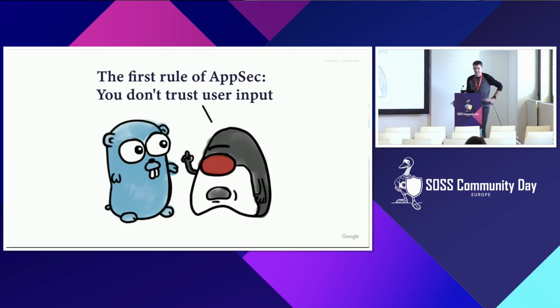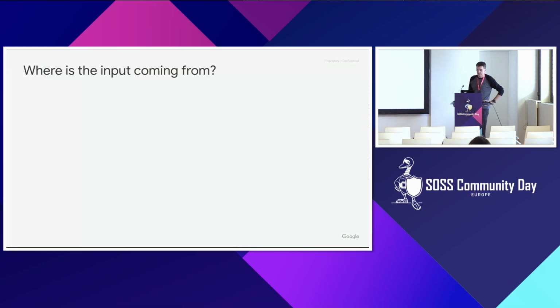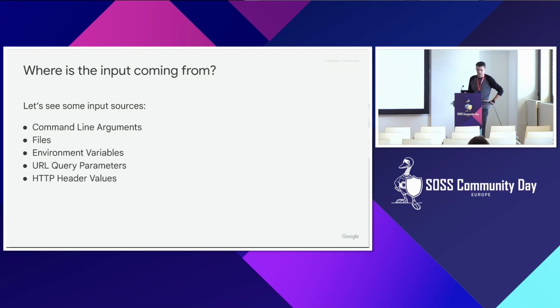Now if we look a bit at input validation, we know as good software engineers that input needs to be validated. But the question is, where is this input coming from? Just to list a few sources, we have command line arguments we accept in our binaries, files, environment variables, and in an HTTP server, we have the typical sources.